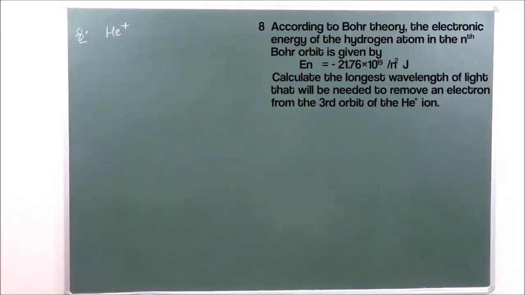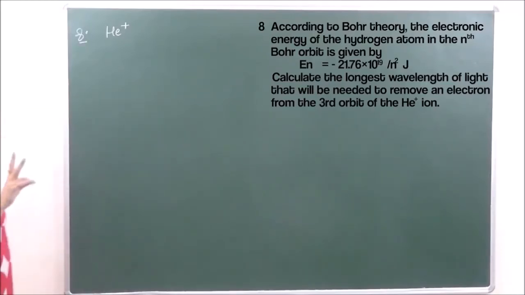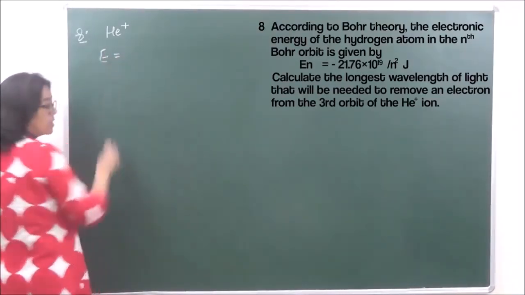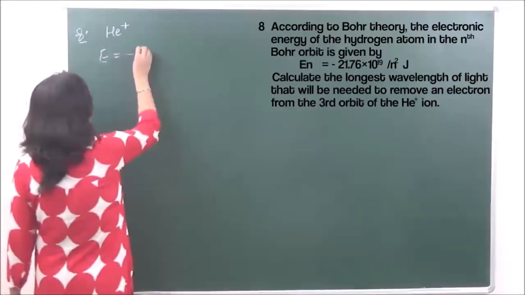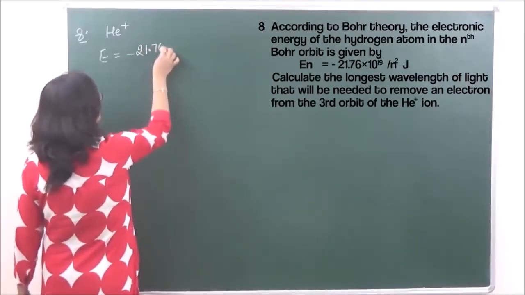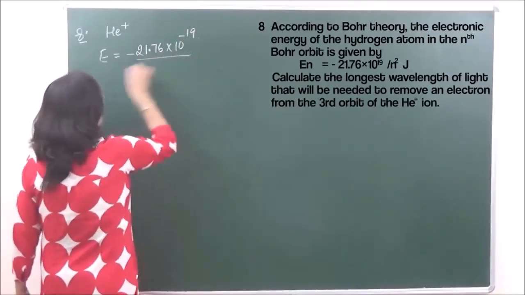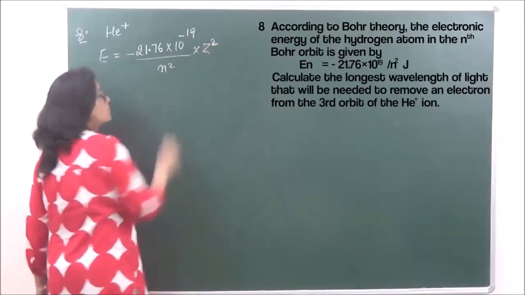For He positive ion, E will be equal to minus 21.76 into 10 raised to power minus 19 upon n square into z square.